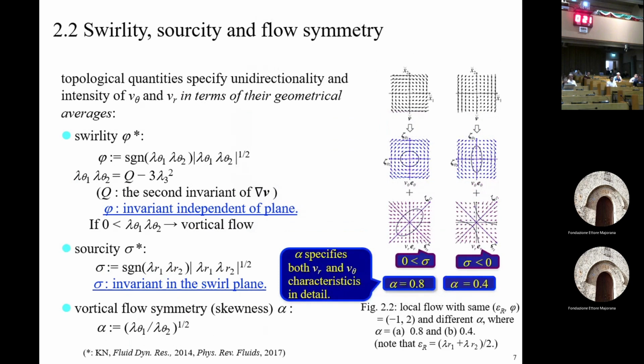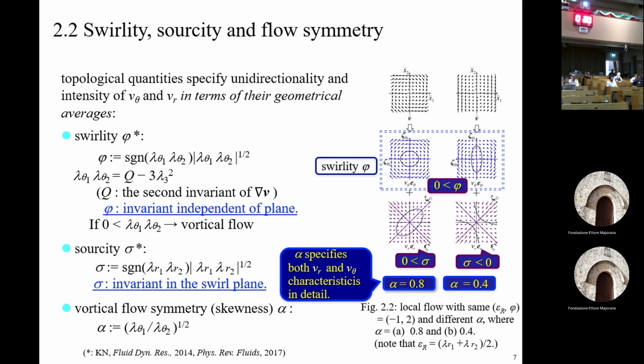Swirlity is a topological quantity defined by the geometrical average of the eigenvalues of the azimuthal component. If swirlity is positive, it indicates the azimuthal flow has a uniform direction, that is, swirling or vortical flow. Similarly, sourcity is defined by the geometrical average of the eigenvalues of the radial component.